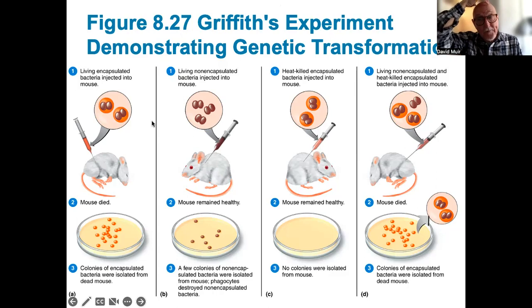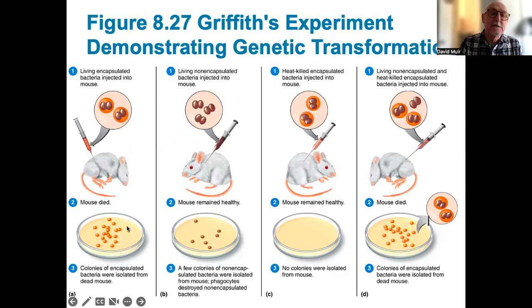Griffith was working on Streptococcus pneumoniae. And he was actually initially trying to develop a vaccine for Streptococcus pneumoniae. And he realized that there were two distinct strains of Streptococcus pneumoniae. One was called smooth, and the other one was called rough.